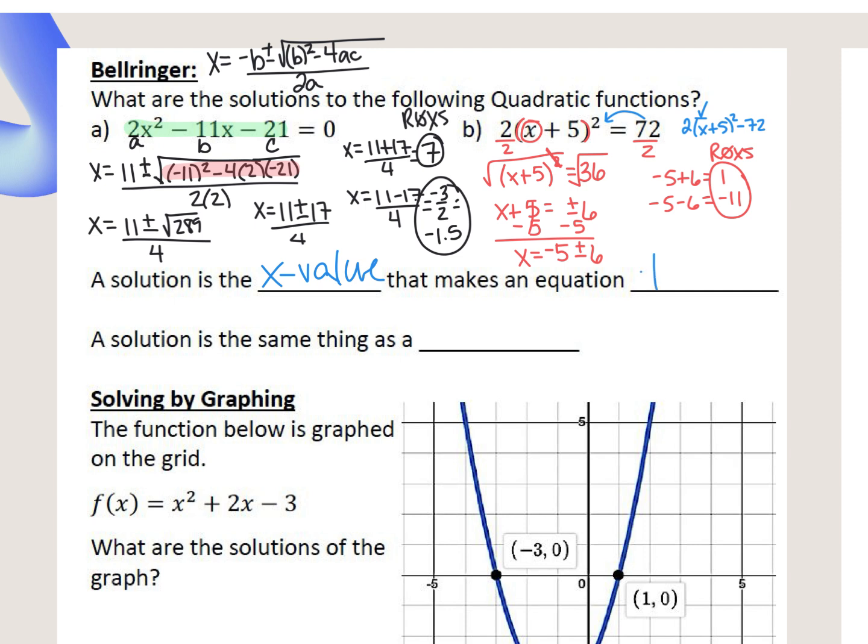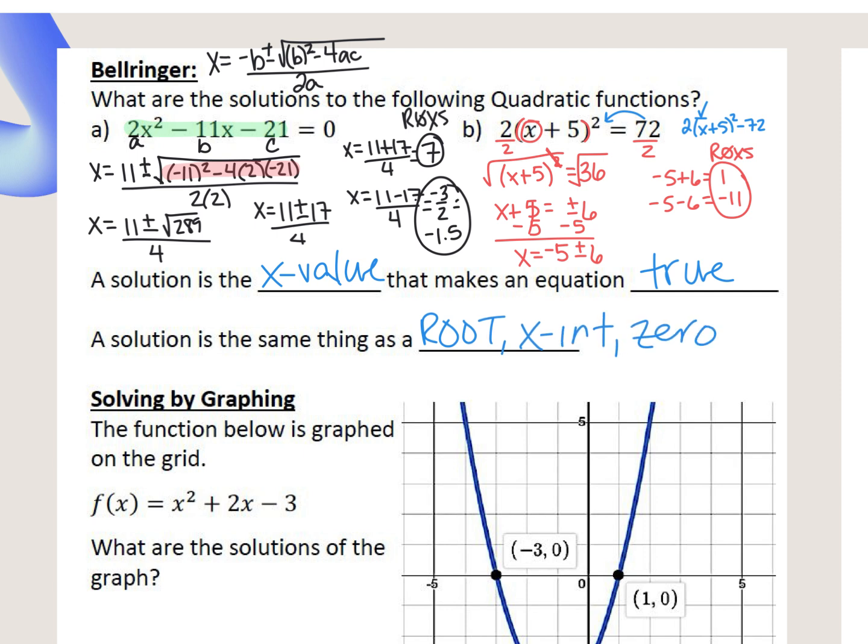The solution, or the rocks, is the x value that makes the equation true. Now that can be on a quadratic, that can be on a linear, that can be on an exponential, right? You've been plugging your x values into equations to get true on that yellow calculator since middle school. A solution is the same thing as a root, an x-intercept, a 0.